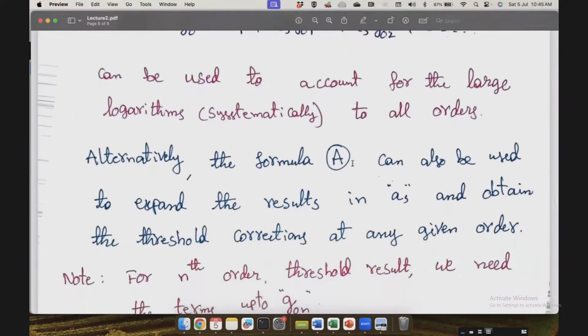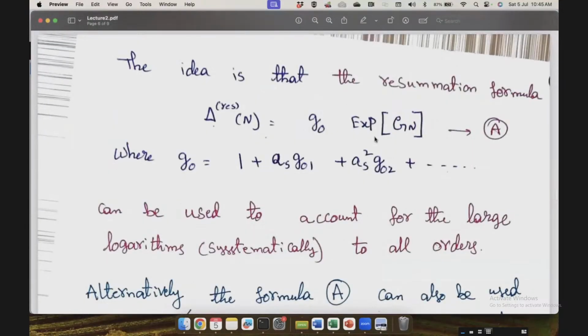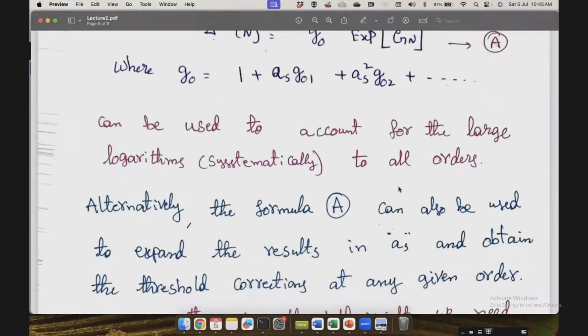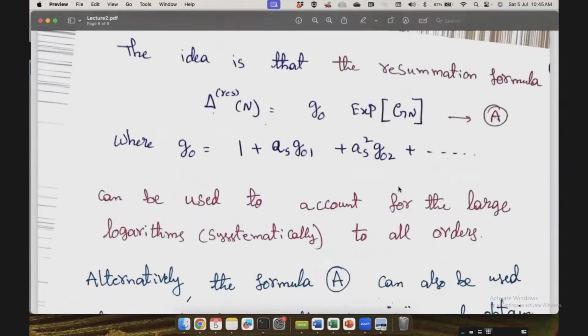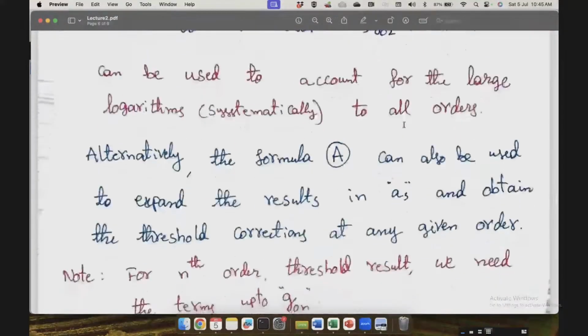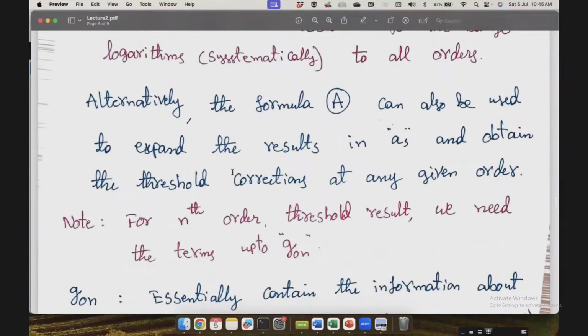So alternatively, the formula A can also be used to expand the results. In other words, Gn is eventually written in terms of the functions A and D, and G0 is also expanded in terms of AS, in terms of the series expansion in alpha S. So eventually, you can expand this entire Z0 times this entire exponential Gn, alternatively you can expand this entire formula, okay, and obtain the threshold corrections at any given order.